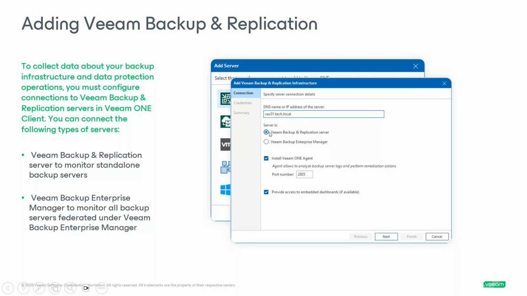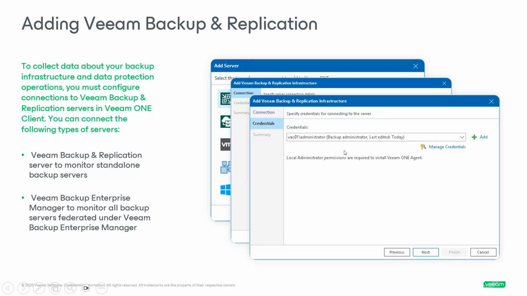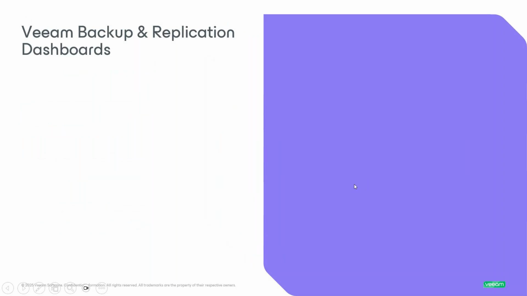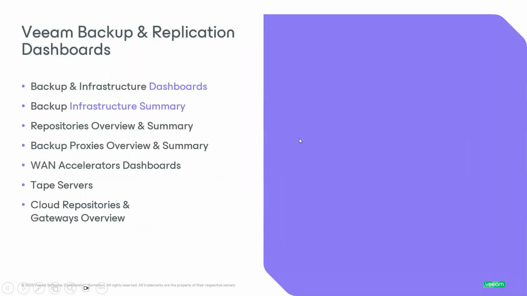Select what server it is exactly, whether it's a Veeam Backup Application Server or a Backup Enterprise Manager. Veeam will install an agent on that server to help collect logs and information about the Veeam backup application server. You'll also provide your credential, and once you hit next, it will add it to Veeam ONE.